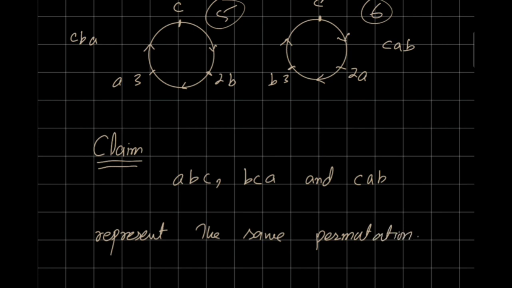I mean, either we arrange three people, the first one is A, second one is B, third one is C. If we arrange them in a circular pattern in this way, or in this way, or in this way, they will observe no change. Actually, they will observe no change.